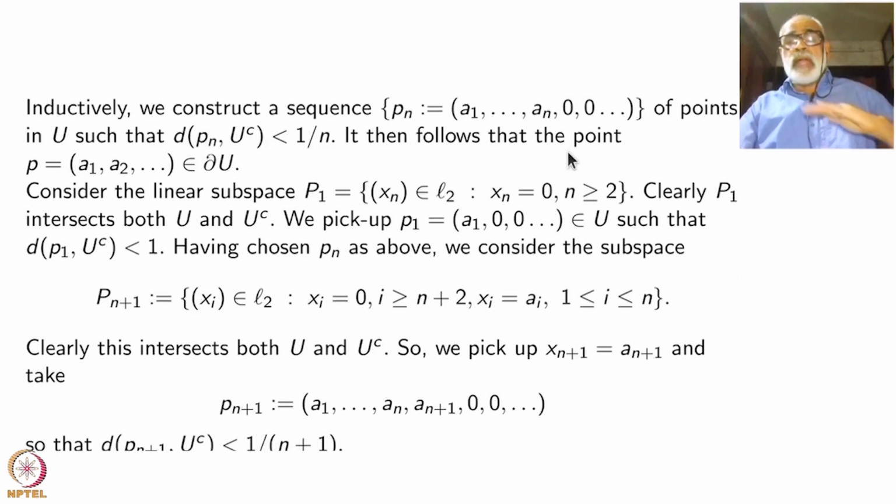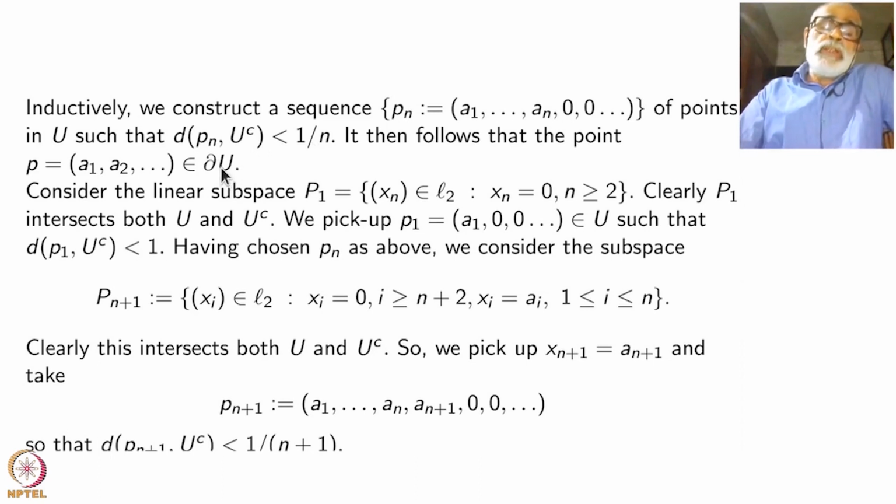It then follows that the limit of the sequence, namely (a1, a2, ..., an, ...), this P, is inside U bar, because all these points are inside U. But the distance between this P and the complement of U is 0, because it is less than 1 by n for all n.